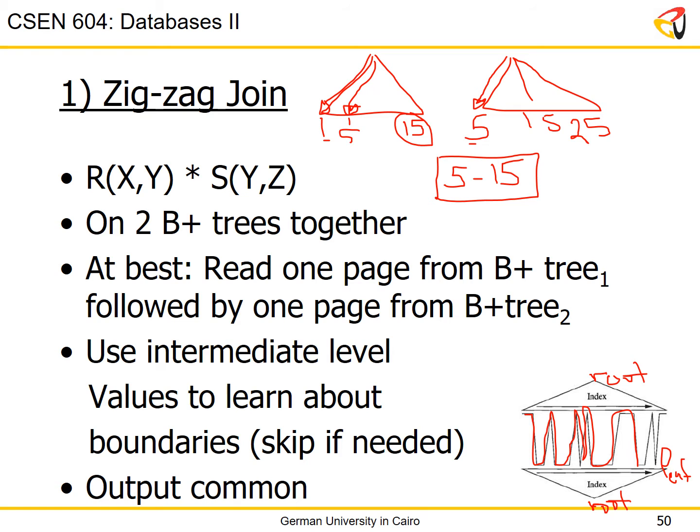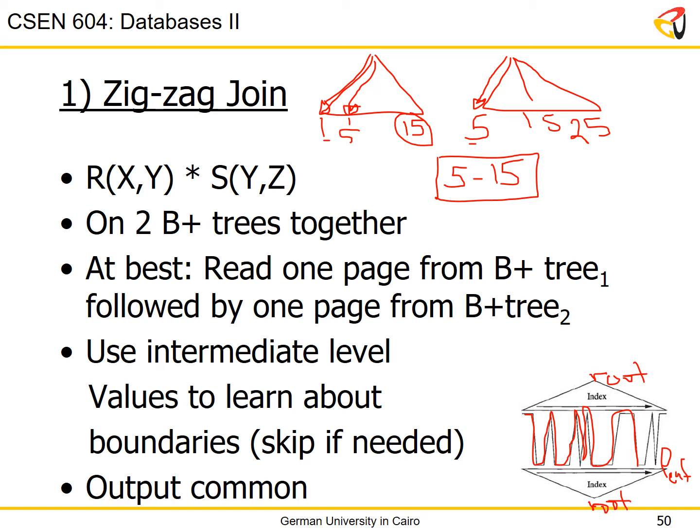Let's say this is my first tree, and this is another tree. If the values here go from 5 till 25 at the leaf level, and if the values here go from 1 till 15, what is the range that I should be interested in to answer the join?